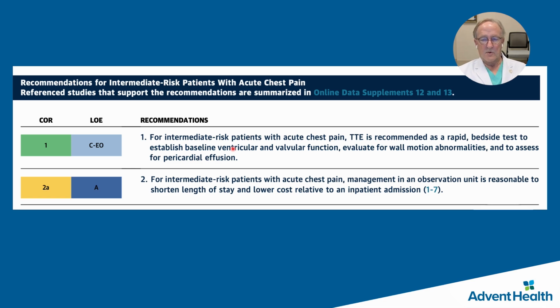This is because a number of studies over the past decades have defined it. If you find an abnormality, such as regional wall motion abnormalities, which are highly sensitive and specific, or new global wall motion abnormalities for existing cardiac disease, it's also a trigger, as you can see here, a two-way trigger for putting a patient in an OBS unit.